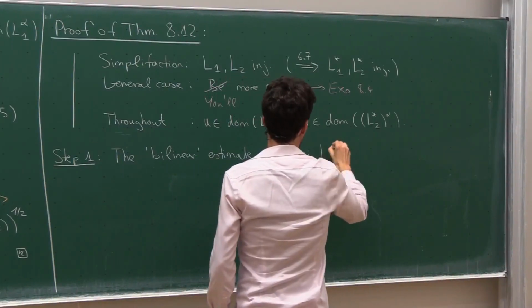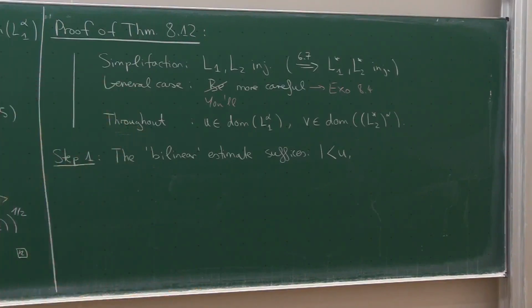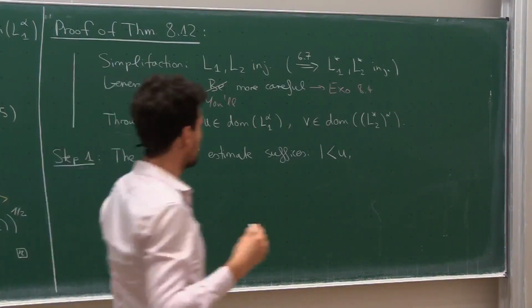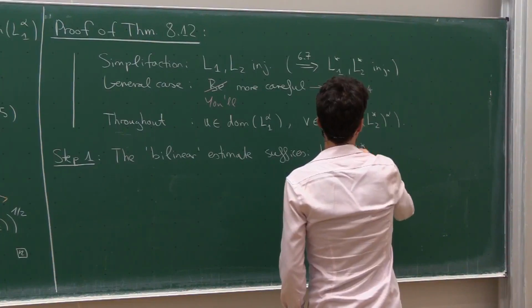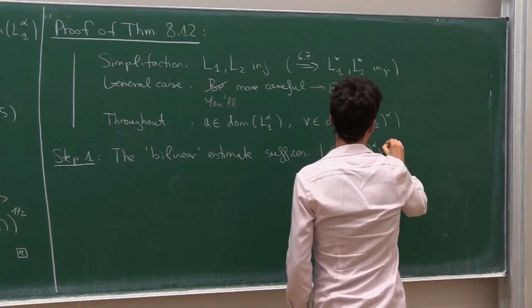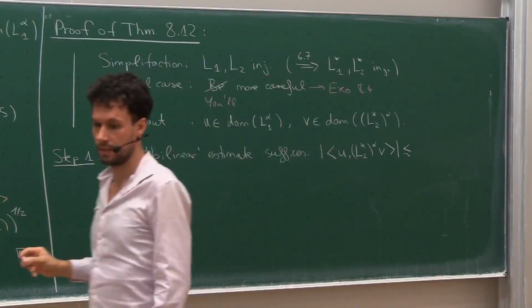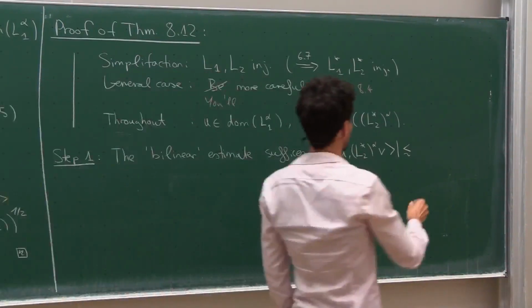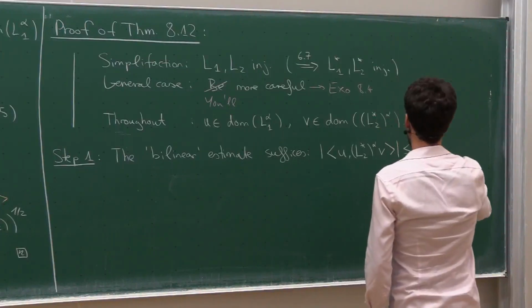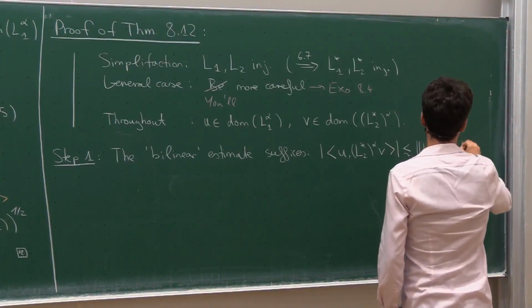The bilinear estimate I want to do is I want to test U against L2 star to the alpha applied to V, and I want to control that by L1 to the alpha of U times V.